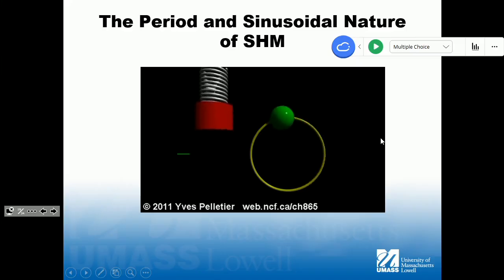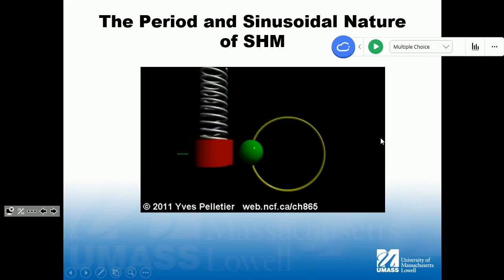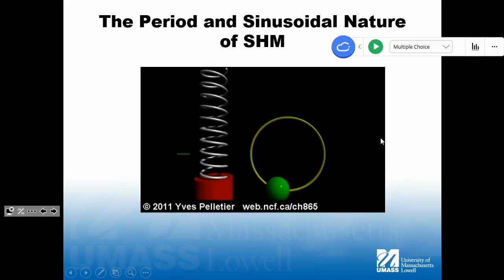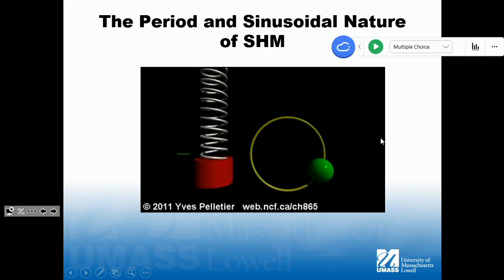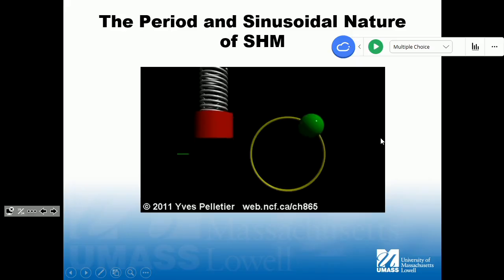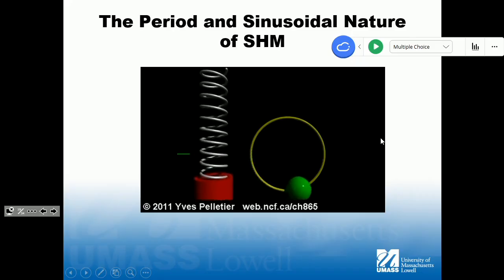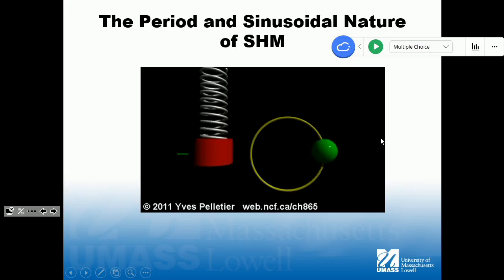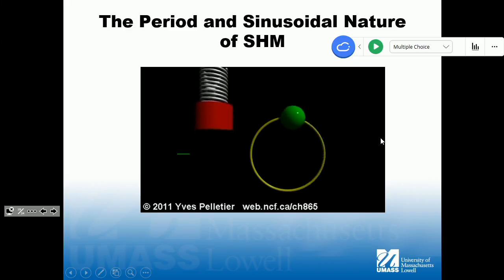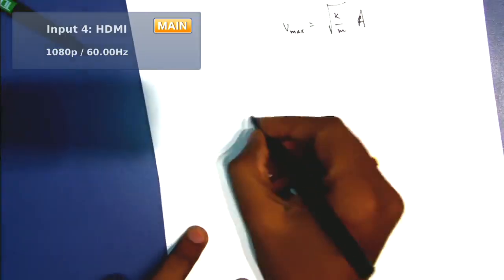How much angle does this object describe in one circle? What is the total angle in one circle? 360 degrees, or in terms of radians, 2 pi. So we can write that the time period is 2 pi divided by omega, correct? Everyone agree?